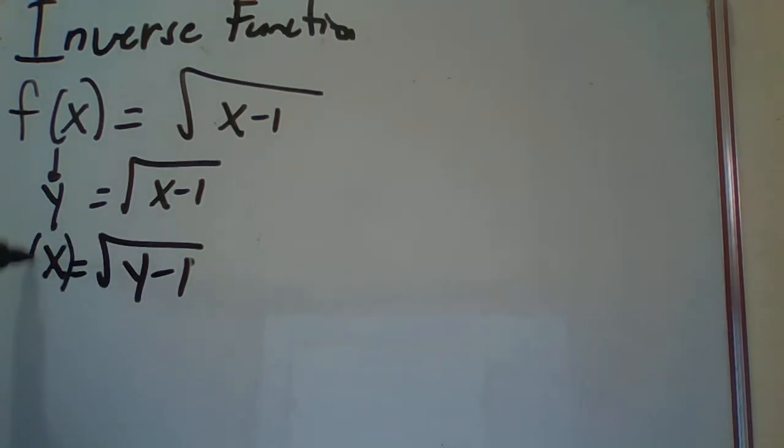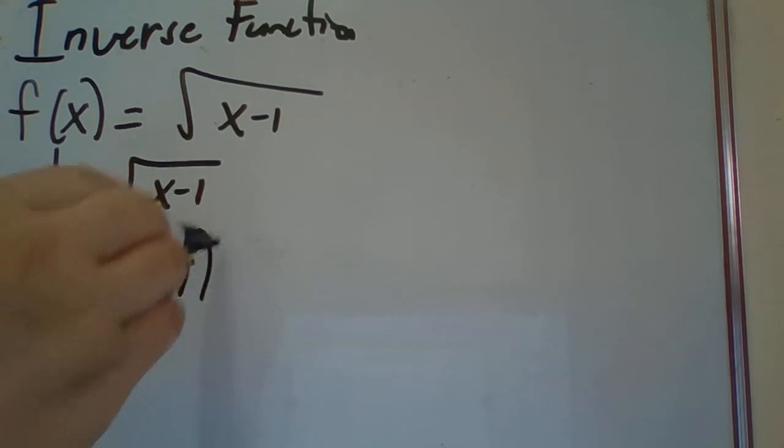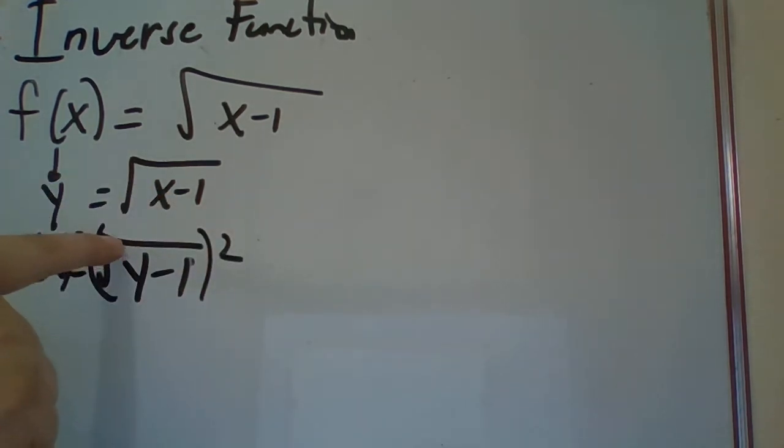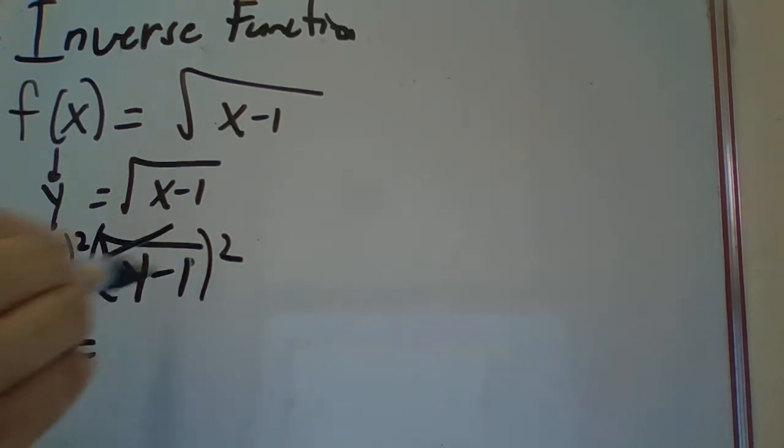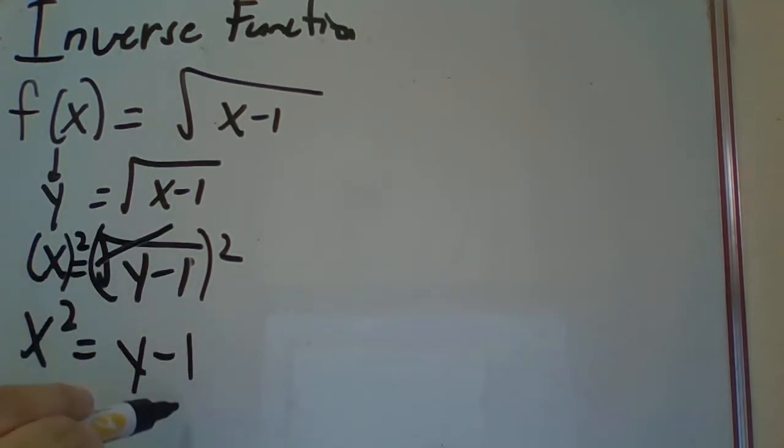So, square this and square this, to eliminate the square root. So, it becomes x squared equals, the square root is gone, y minus 1. Then, we add 1 on both sides. So, y equals x squared plus 1.